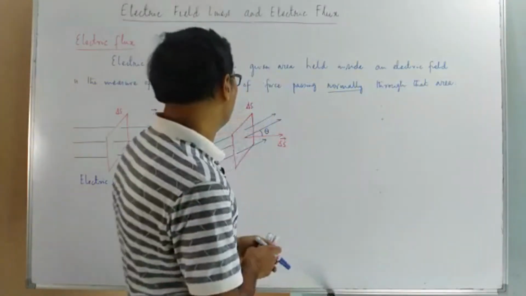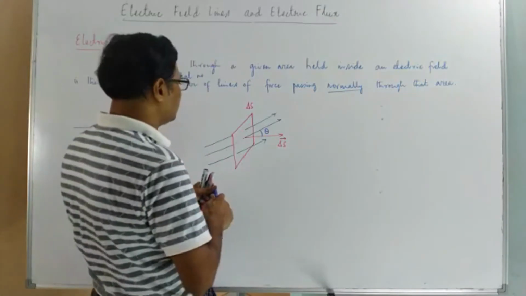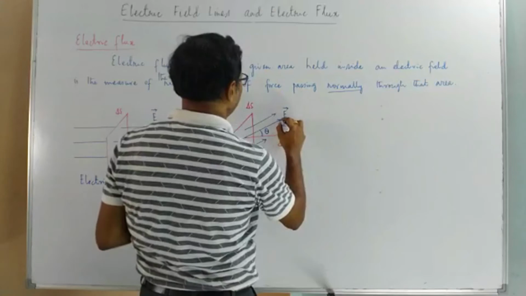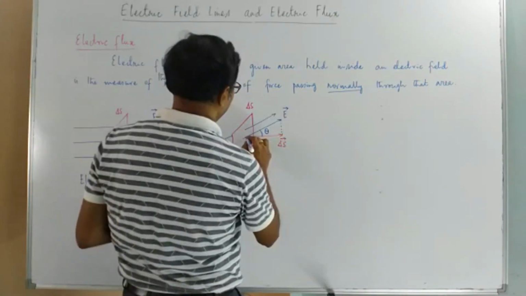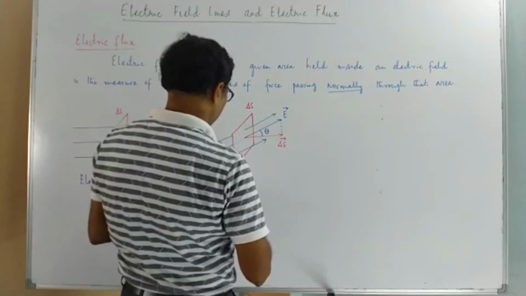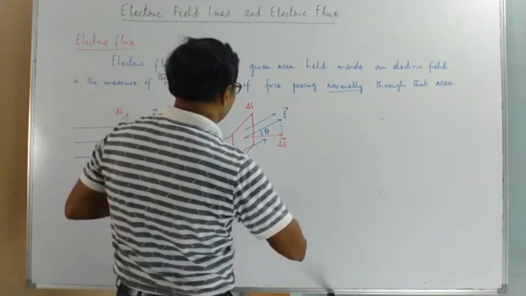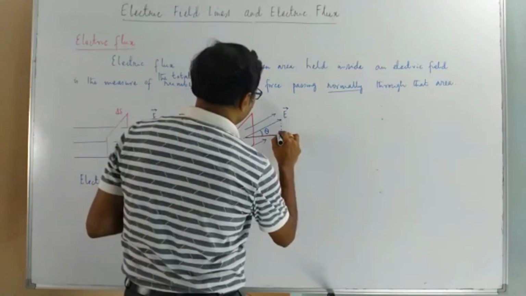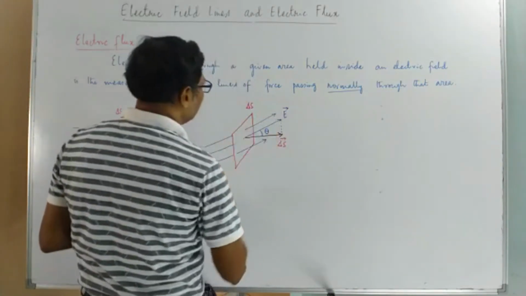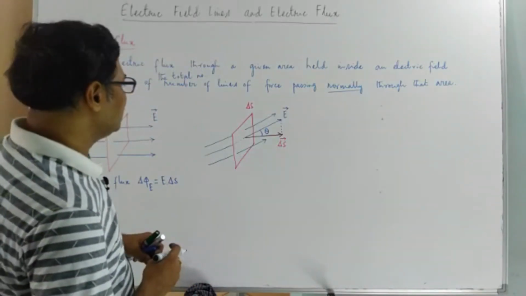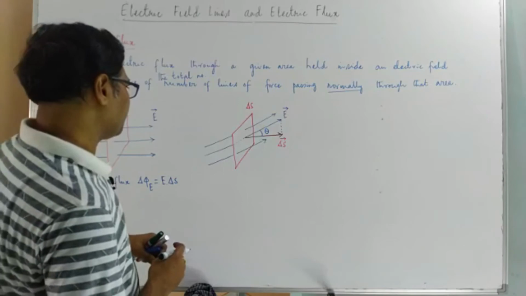So what I need to do is consider the component of electric field in the direction of the area vector, that means in the direction perpendicular to the plane of the given surface area.